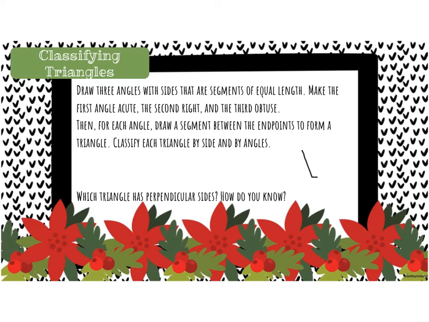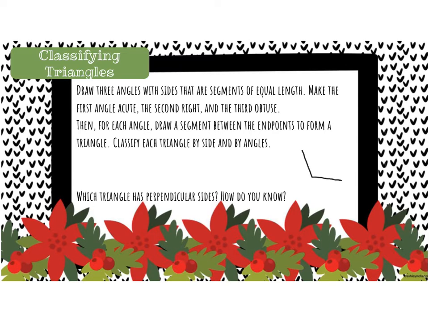I don't care what kind of angle, but I want the sides to be as equal in length as possible. You're going to have three angles drawn on your whiteboard. Your angles are going to have to be spread out. You can't stack them all together because then we're going to end up making these into triangles.